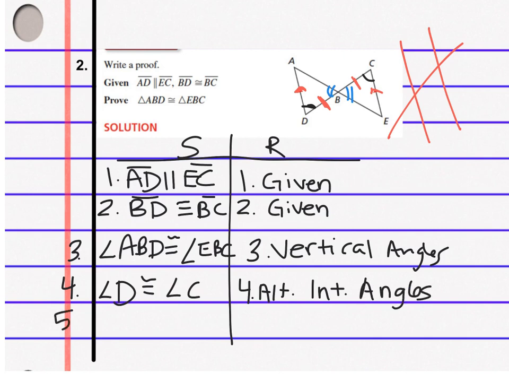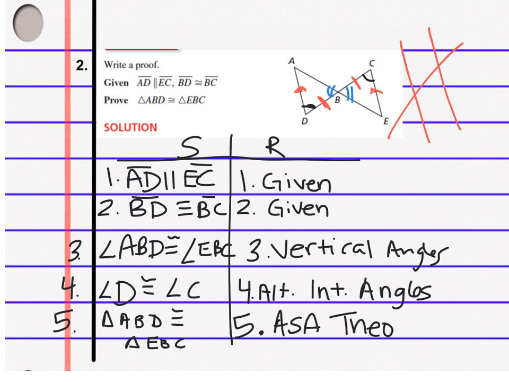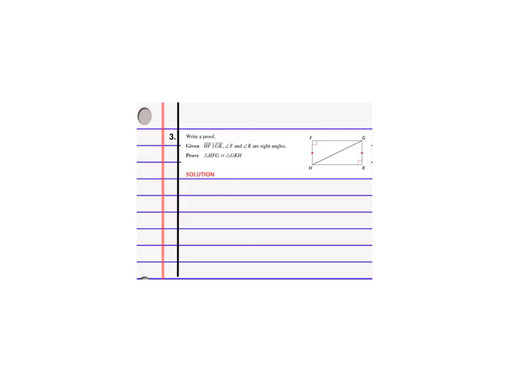Okay, and then lastly, since I've done angle, side, angle, I can go ahead and say that triangle ABD is congruent to triangle EBC. My reason is the angle, side, angle theorem. All right, so pause the video if you need any more time for that. Otherwise, I'll move on to the last example.